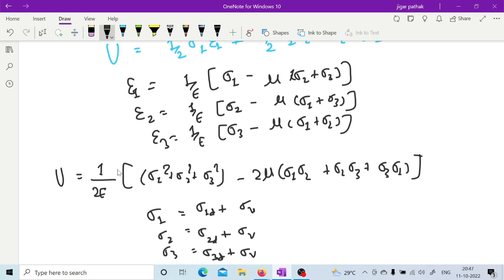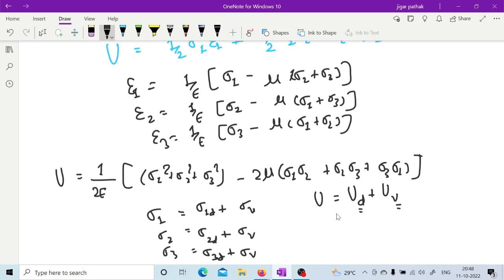As the stress is divided into these two, the strain energy is also divided into distortion and volumetric change. Distortion means there is no change in volume, only distortion is there, and UV means there is a volumetric change.